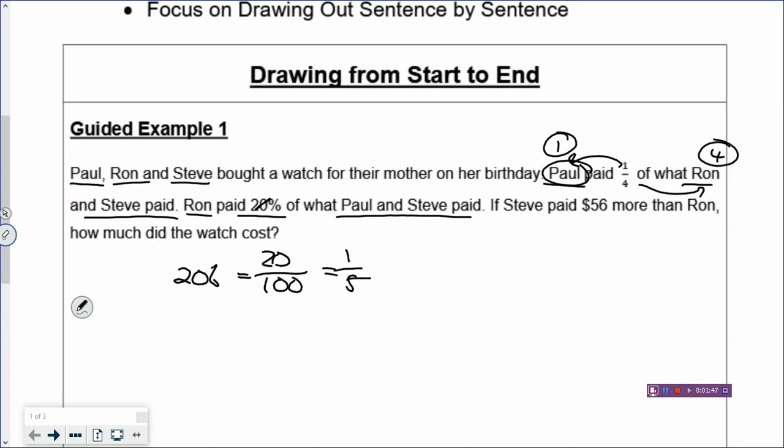So you replace the 20% with 1/5. So Ron paid 1, arrow pointing. Ron has 1 box, and Paul and Steve will have 5 boxes when you draw the model later. If Steve paid $36 more than Ron, how much did the watch cost?